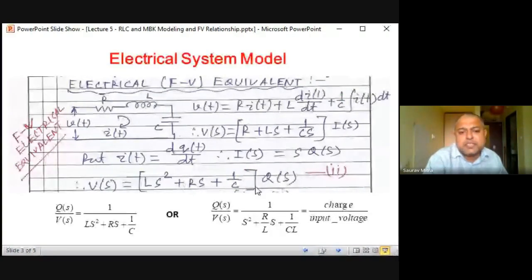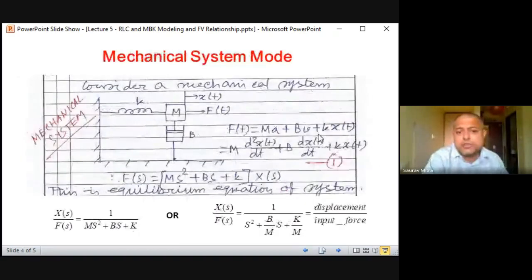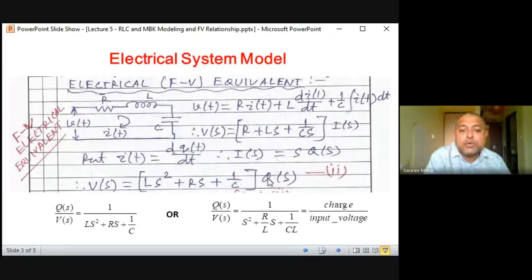V(s) equal to Ls square plus Rs plus 1 by C. The same thing: the supply you are giving, and you find V(s) equal to R plus Ls plus 1 by Cs into I(s). For the mechanical circuit I had shown you previously: F(s) equal to ms square plus bs plus k into X(s). There is no extra s here. So whatever is X(s) in the mechanical circuit, the same thing is Q(s) in the electrical circuit.